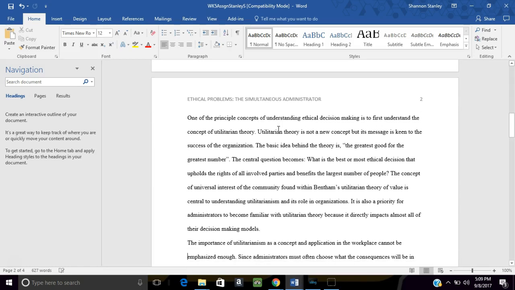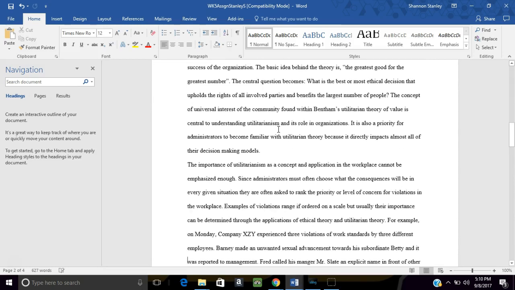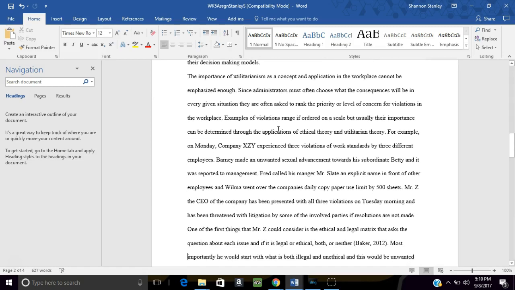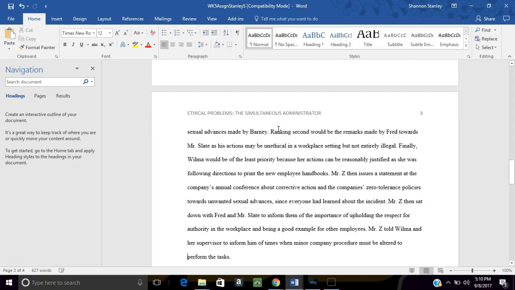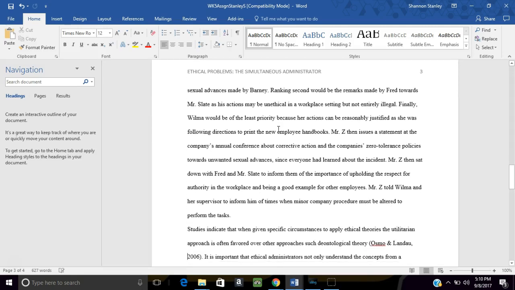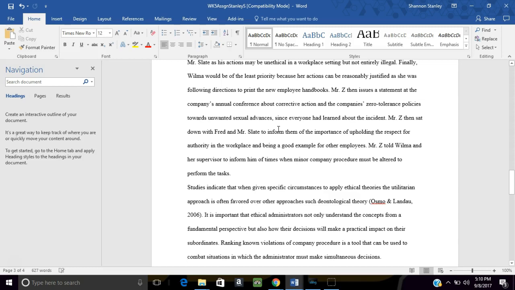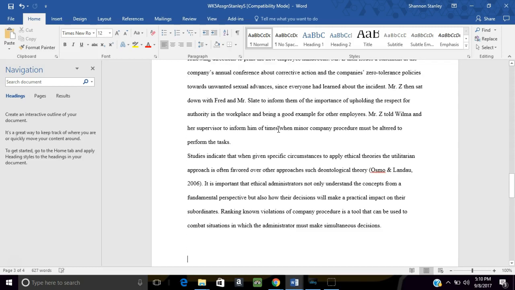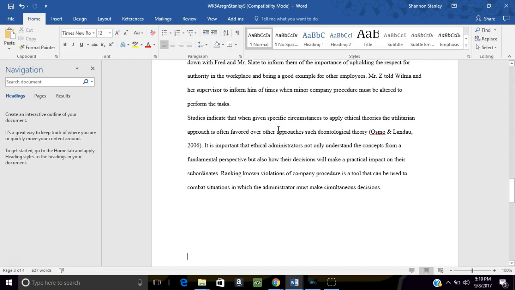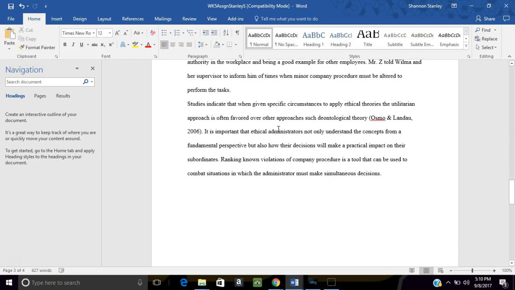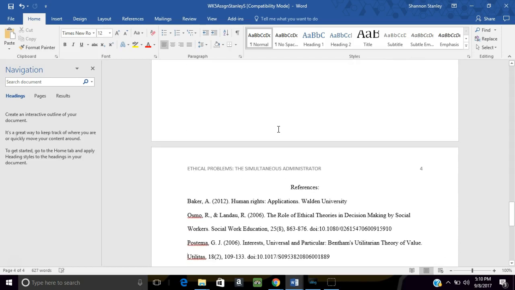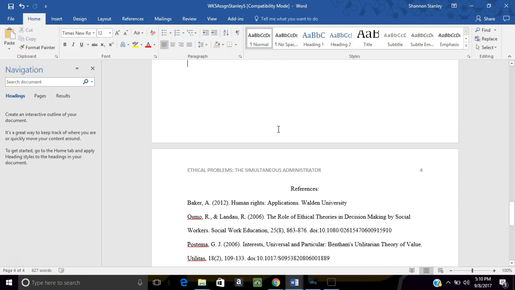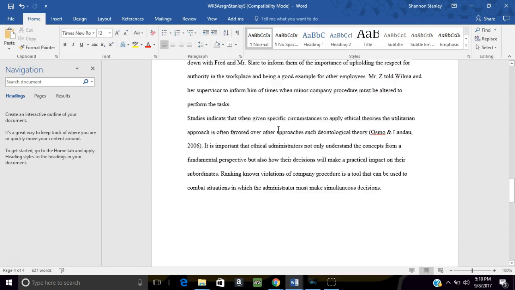Again, you want to follow basic APA guidelines, double-spaced paragraphs. This information that I have here is, again, just an example of some things that I had pulled from a previous paper that I had written about ethics and administration and things like that in the workplace. So you want to also include your reference page and whatever references that you use.